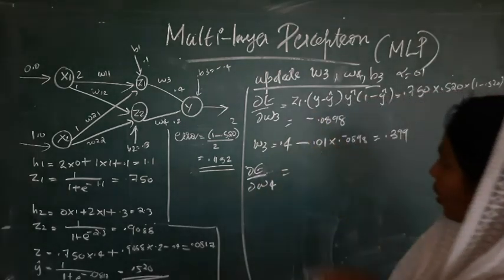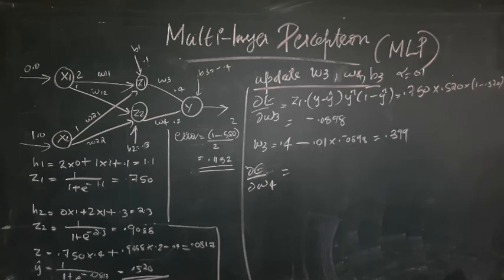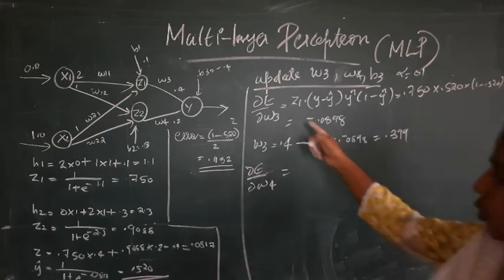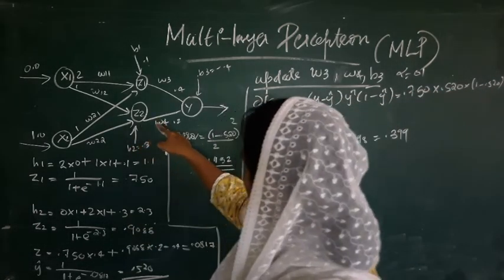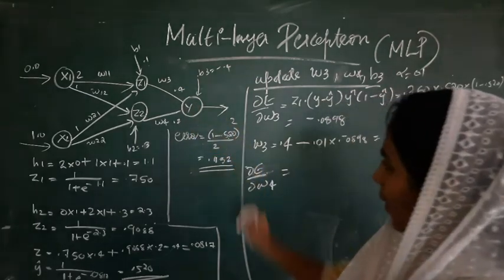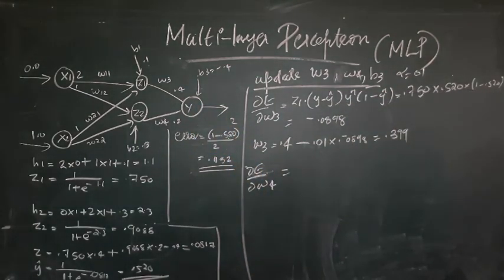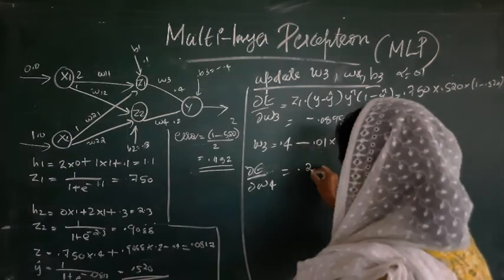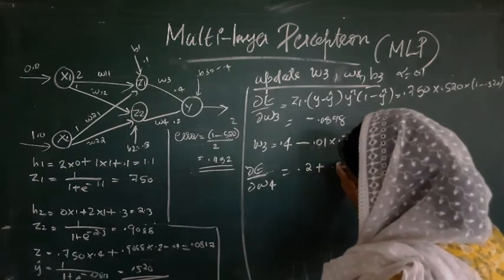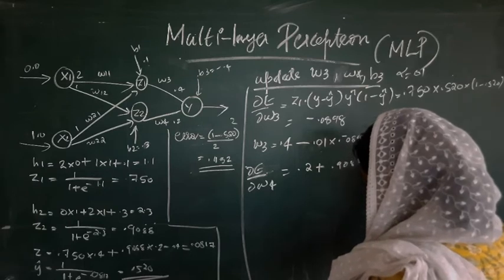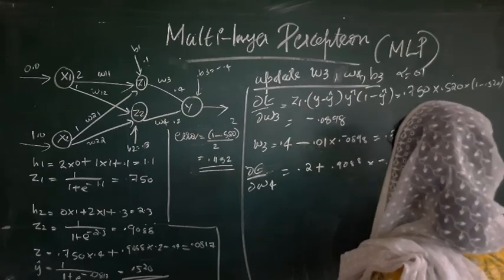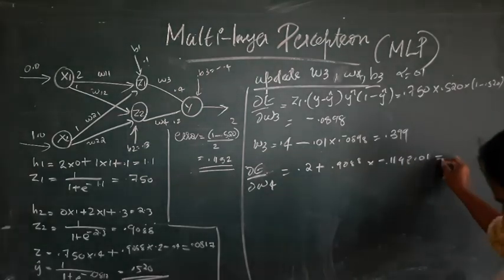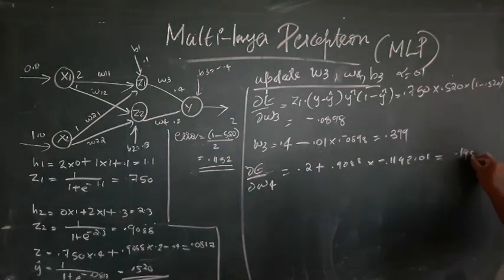So similarly for W4, dou E by dou W4, as the value of Z1 has changed, it is Z2 now, right? So you will get the value. Instead of Z1, you have to take the value of Z2 because W4 has Z2 attached, isn't it? So you have to take the value of Z2 for finding W4 and you will get the value, that is 0.2 plus 0.9088 into minus 0.1198 into 0.01 and you will get the value 0.1989.